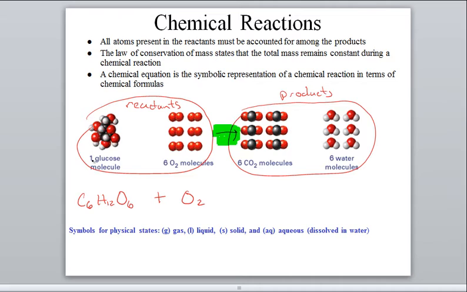And from the above information, it's 1 glucose for every 6 oxygen, so we'd put 6 there. On the product side, there's carbon dioxide molecules and there's water molecules, and we'll put a plus in between them. For this reaction, for every 1 glucose that reacts, there's 6 carbon dioxides and 6 water molecules that are produced.